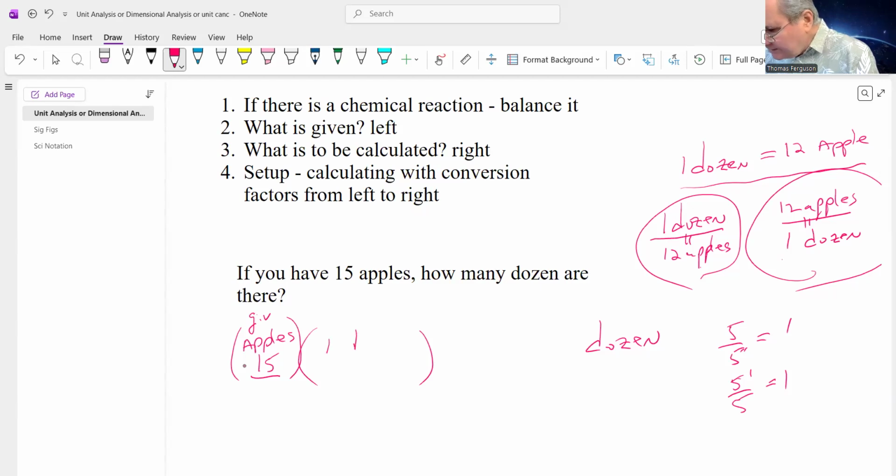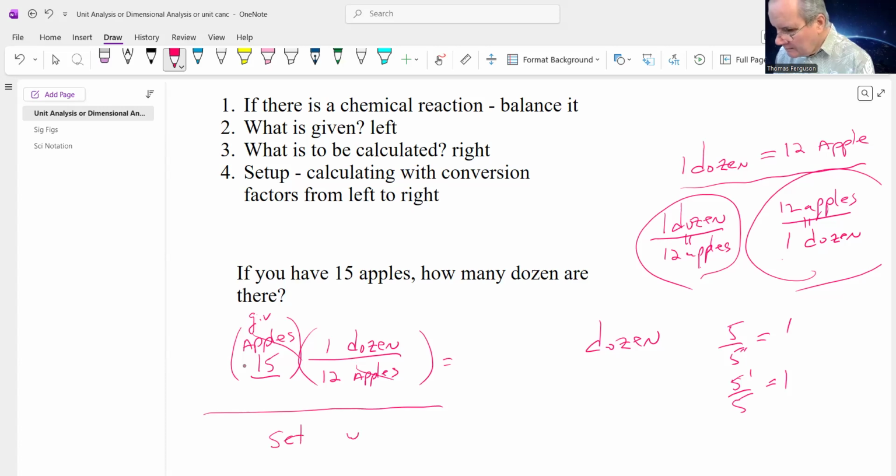So we've got 1 dozen up here, 12 down here, and this is 12 apples. Now we're using this one because that means the apples are going to cancel. And what does it leave us with? Dozen. That's the setup.